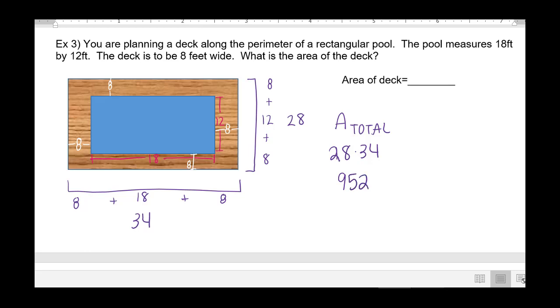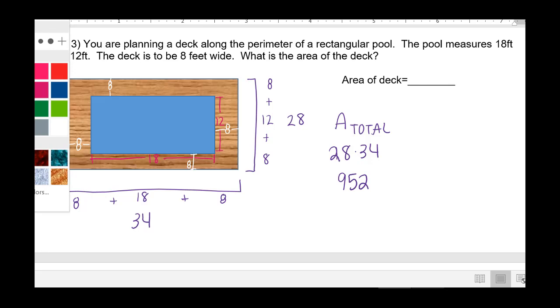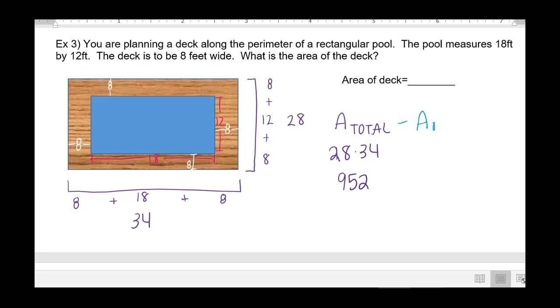Again, the issue is we don't want the area of the pool. We don't want that pool covered, so I'm going to subtract the area of the pool. We're already given the measurements of that pool, that 18 by 12. So I'll multiply those two things together, and that's what I'm subtracting from the total.